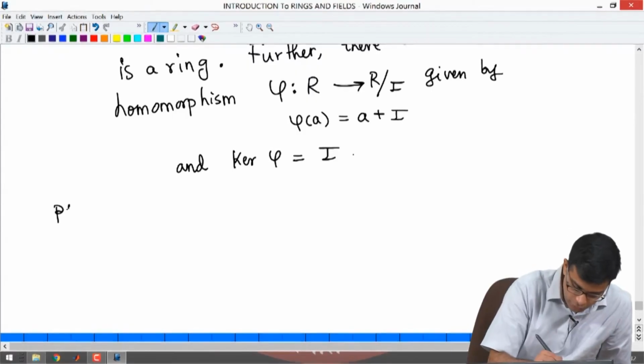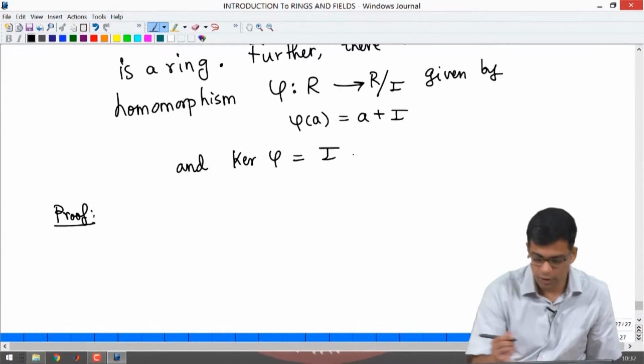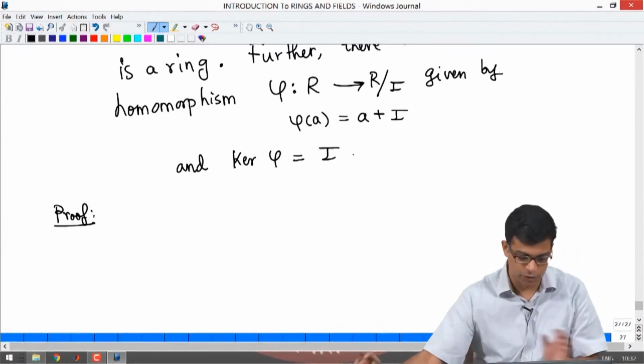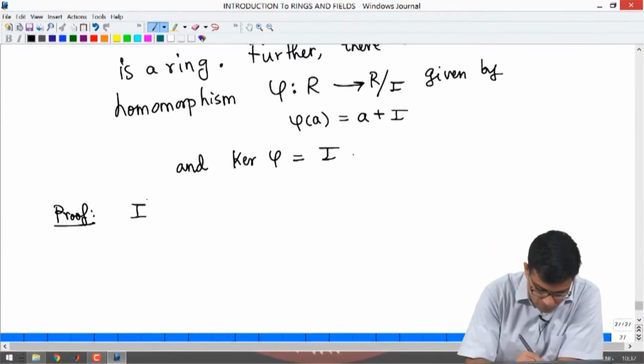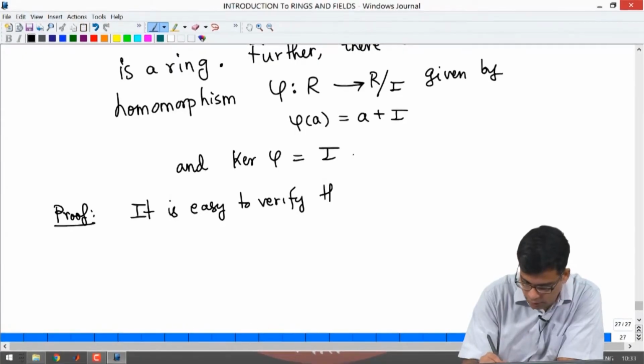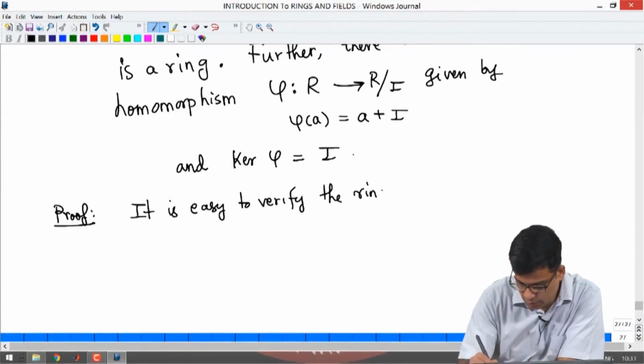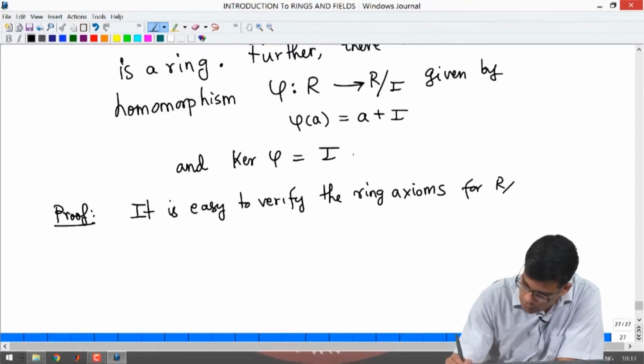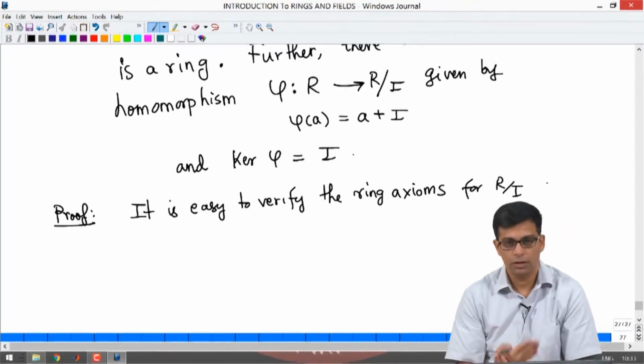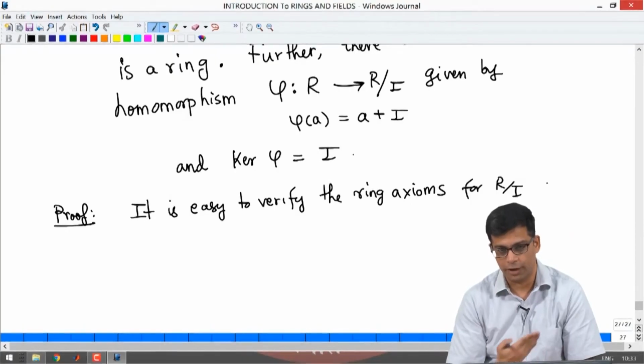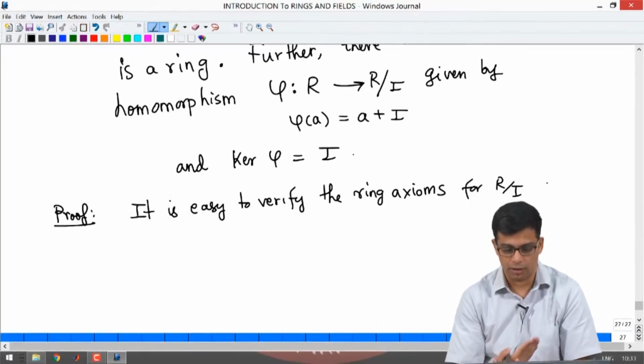So, I am going to give you a proof, but not of the fact that R mod I is a ring. Okay. So, that is a fairly simple check. It is easy to verify the ring axioms for R mod I. So, in other words, multiplication is commutative, multiplication and addition are distributive.